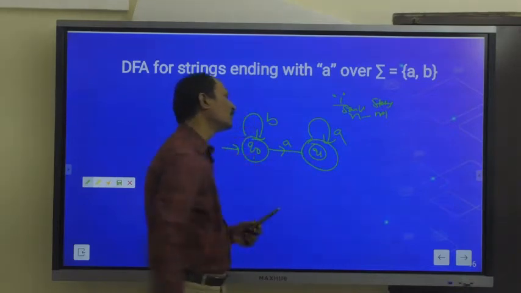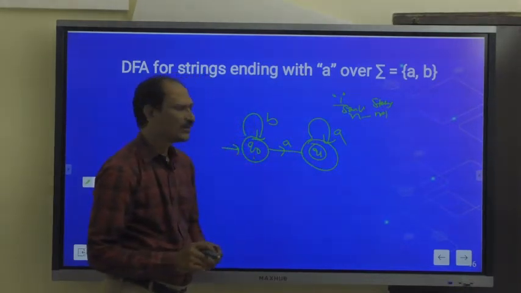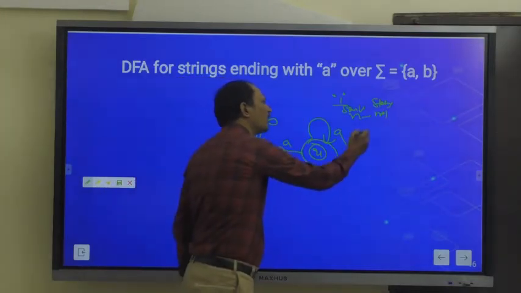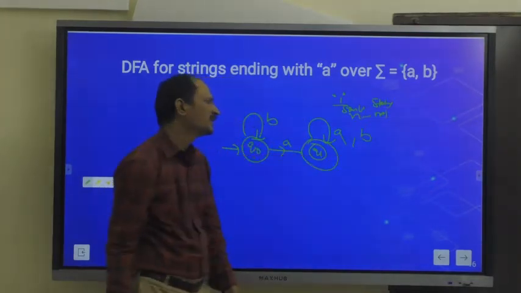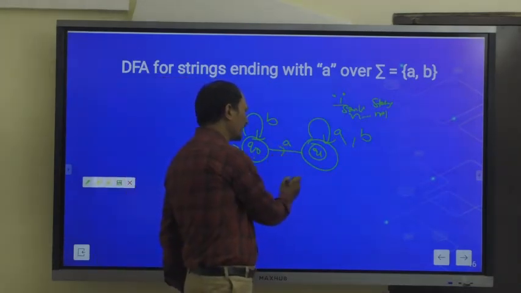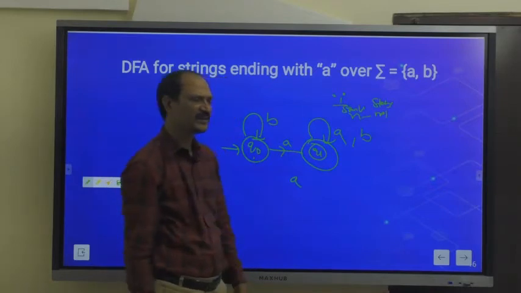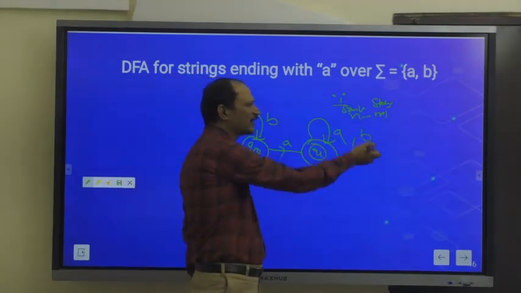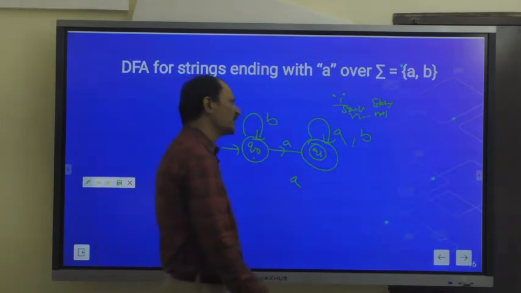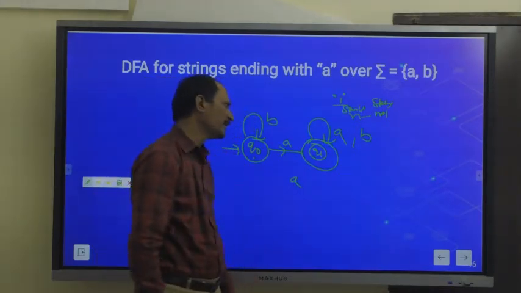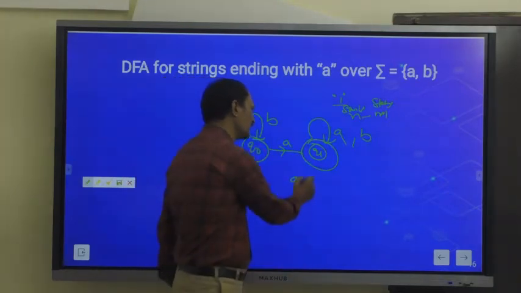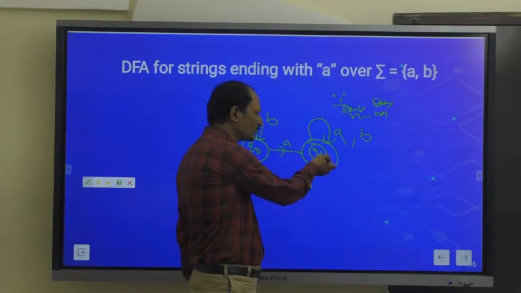Now we are going to see the application of B. What happens if I apply B as a self loop on Q1? The problem here is that once Q0 on A, I have reached the final state. A self loop of B on Q1 means you can apply B zero or more number of times. Assume I have applied B on Q1, I remain in the final state Q1.